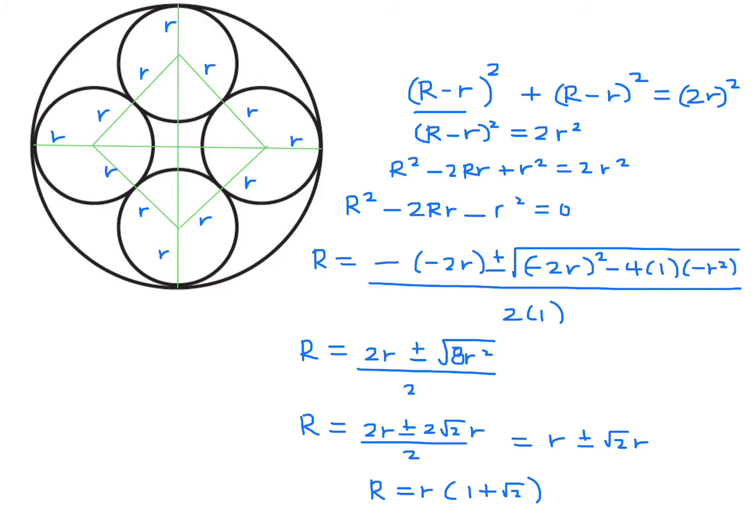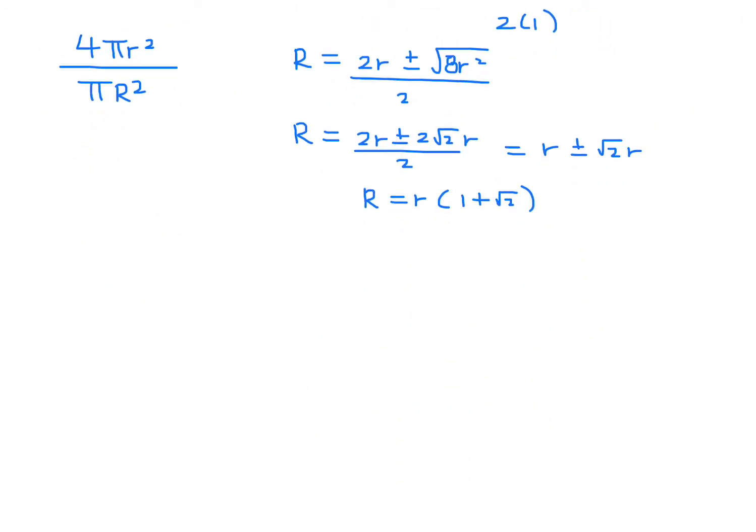They wanted me to figure out the ratio of the area of the 4 small circles, so that's going to be 4 pi small r squared, to the area of the big circle, which is pi big R squared. The first thing I notice is the pi's cancel, so I'm just left with 4r squared over R squared. And then I can substitute in my finding right there.